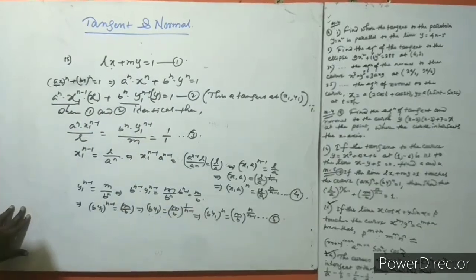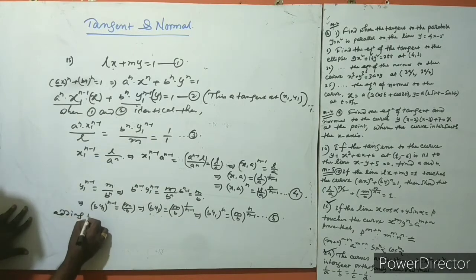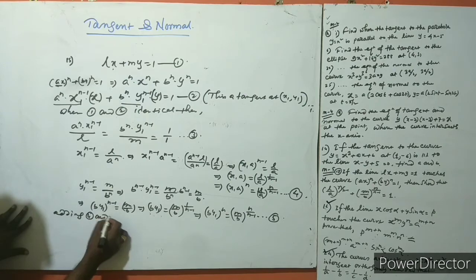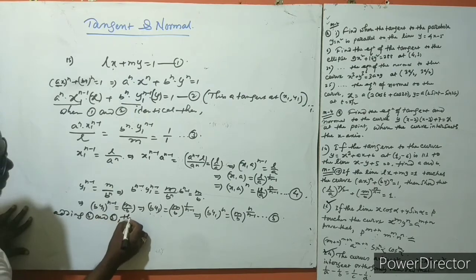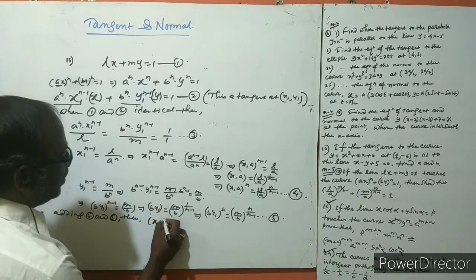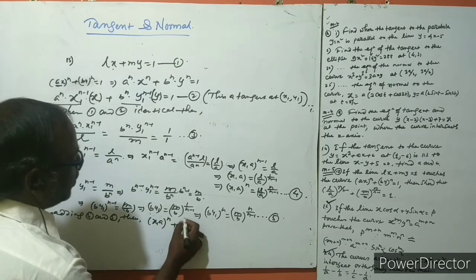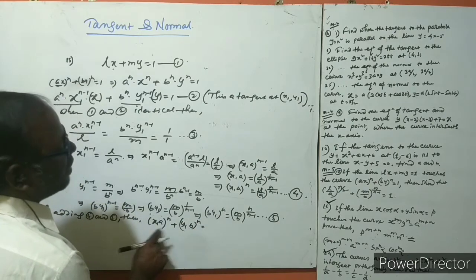So add 4 and 5. Adding 4 and 5, then a x1 to the power n plus b y1 to the power n, this value is this.